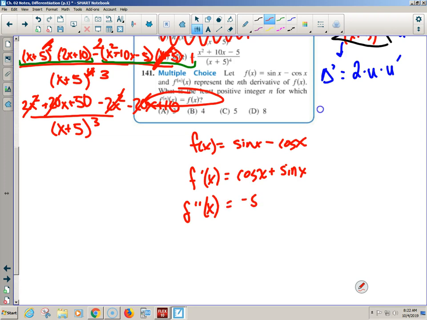Derivative of cosine is negative sine. Derivative of sine is cosine. Is that the same? No, the negative's not with the... Alright, maybe n is 3. We could start using either the 3 tick marks, or we can start using the spiffy notation of the third derivative. Derivative of sine is cosine, and derivative of cosine is negative sine.